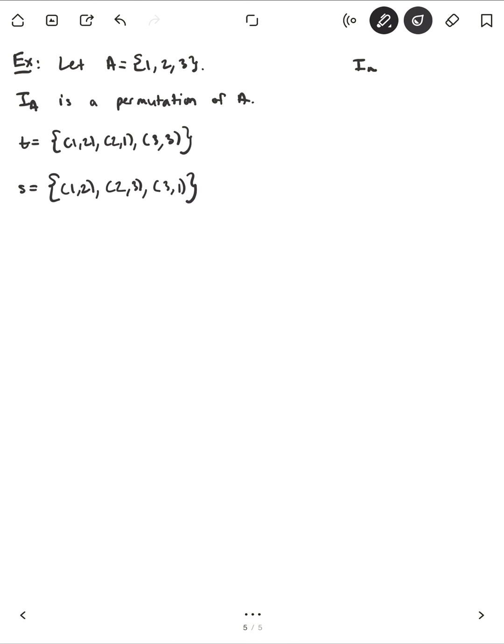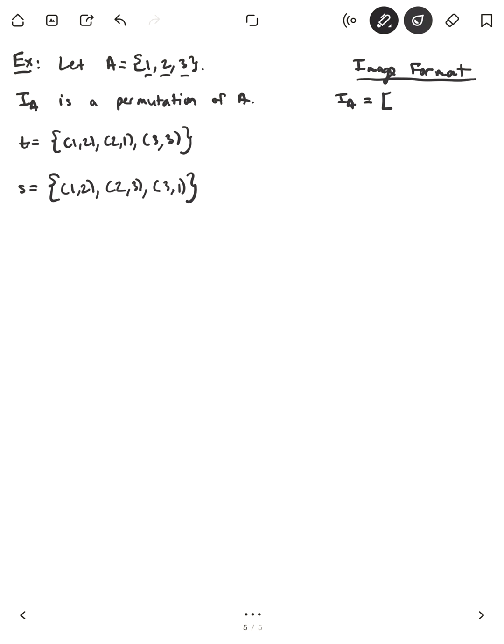I'm going to write the image format for each of these permutations on the right hand side here. So for the identity permutation, you open the bracket, and then you're going to have three items listed in these brackets, one for each element of A, 1, 2, 3.